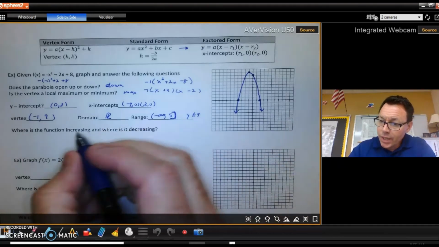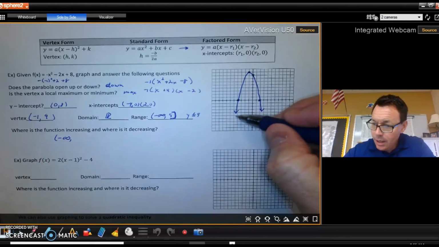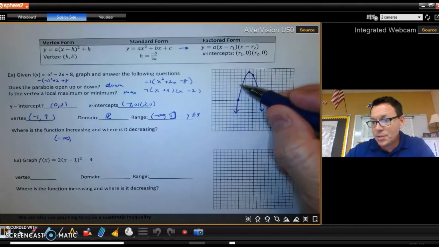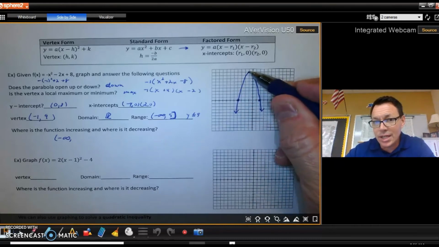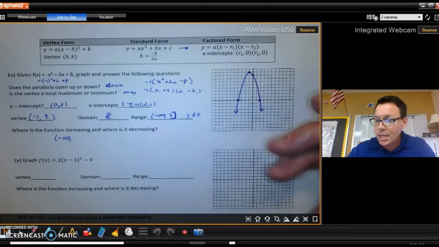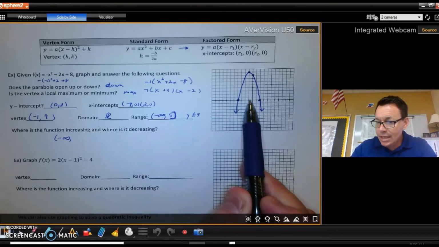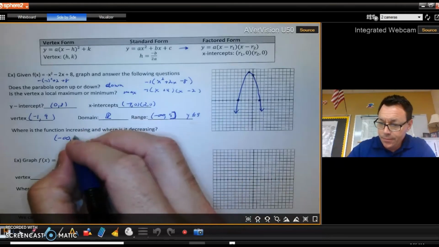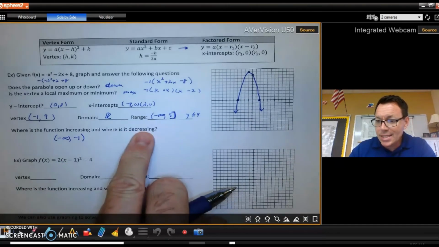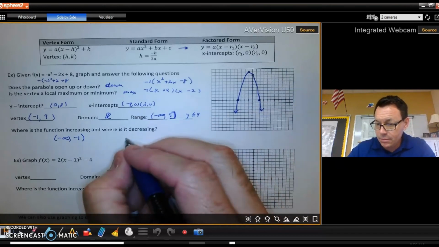Okay, so it is increasing from negative infinity up to what? And the fact that I just said up to, we have a tendency to look at how high it is. But remember, we're focused on the x value. It is increasing from negative infinity to negative 1, the x value. Parenthesis. And then it's decreasing from negative 1 to infinity.